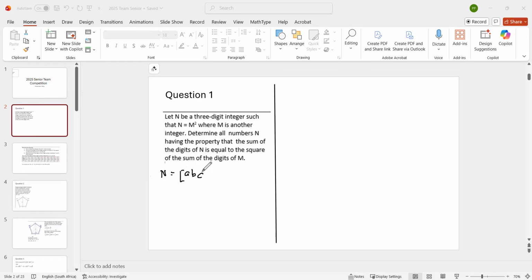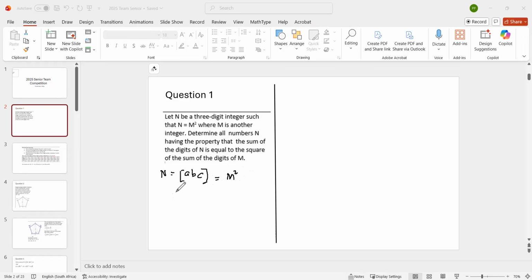I normally put a bar over it to distinguish it from a product of A, B, and C. And this is equal to the square of m. Now, which numbers have the property that the squares are 3-digit numbers?